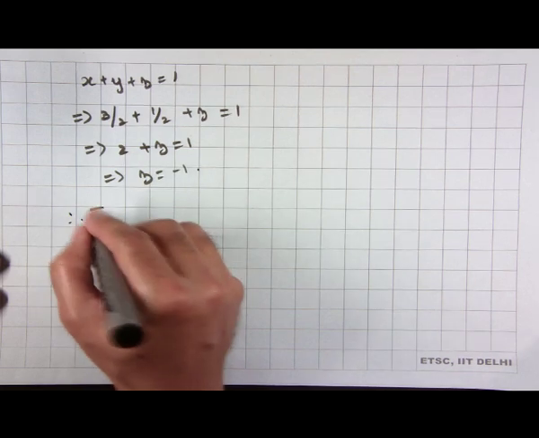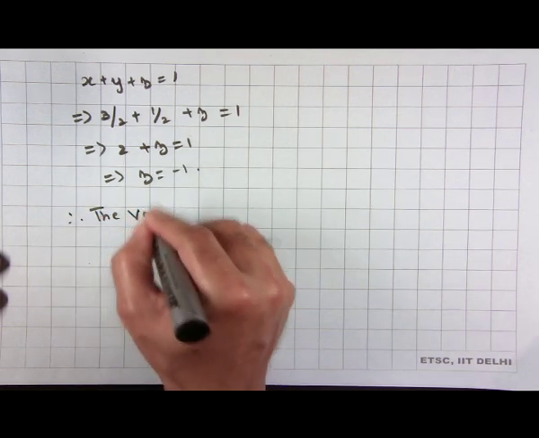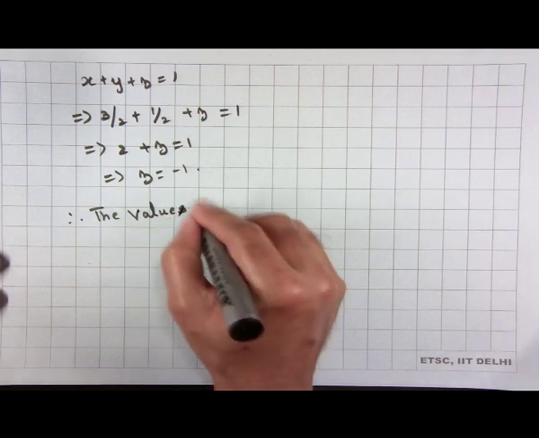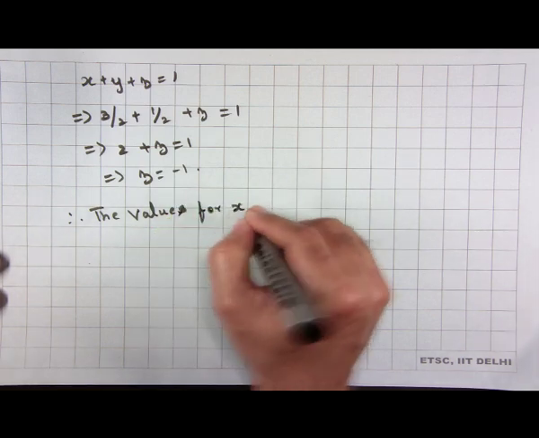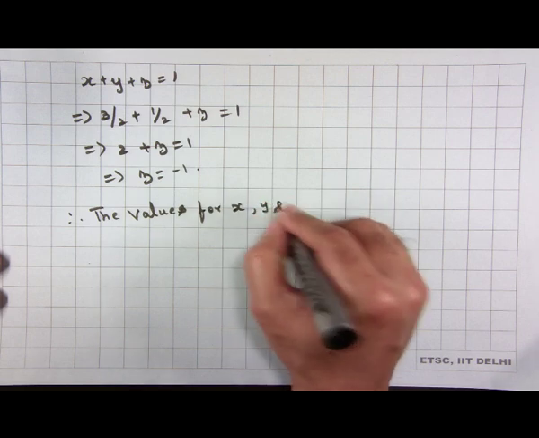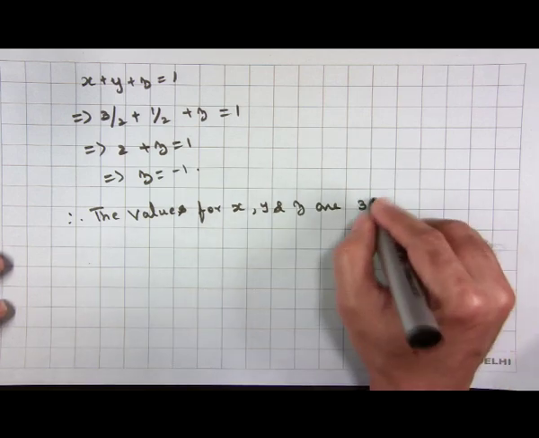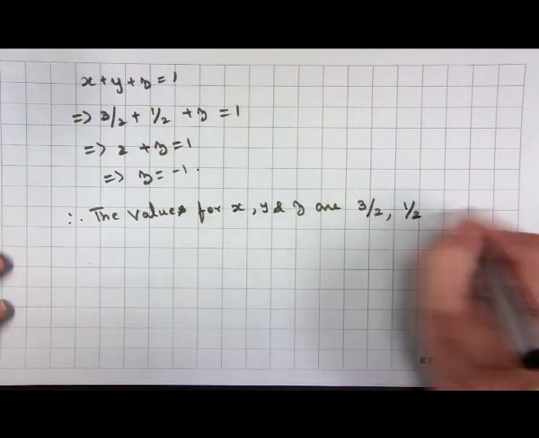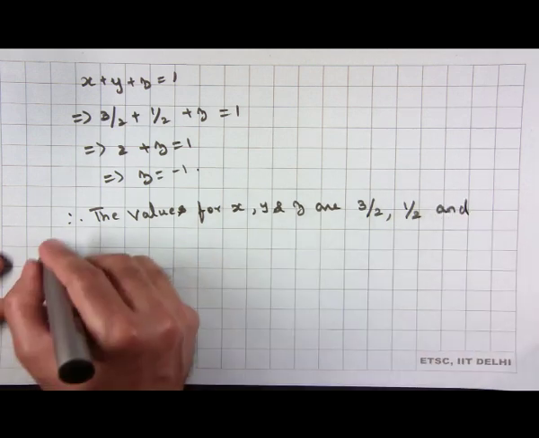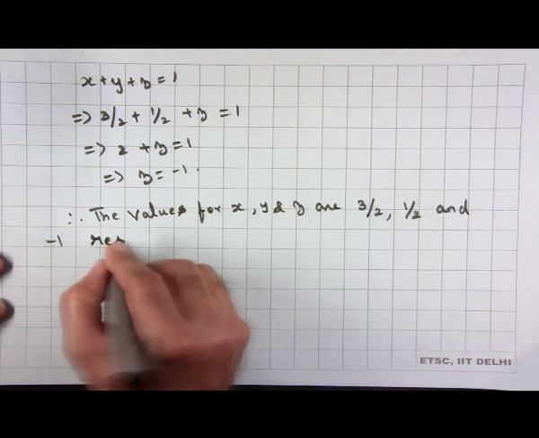Therefore, the values for x, y and z are 3 by 2, 1 by 2 and minus 1 respectively.